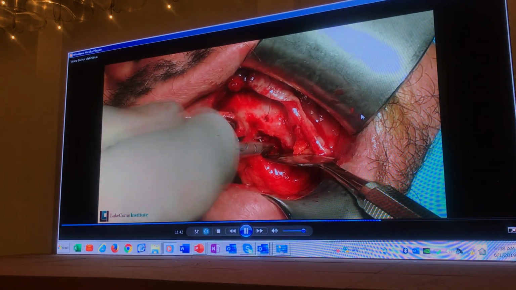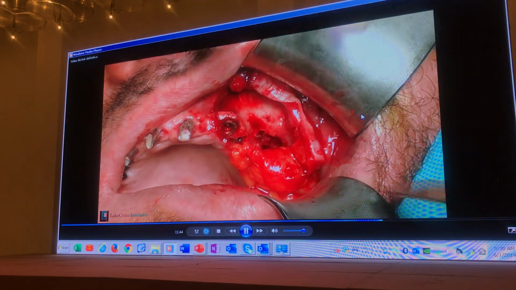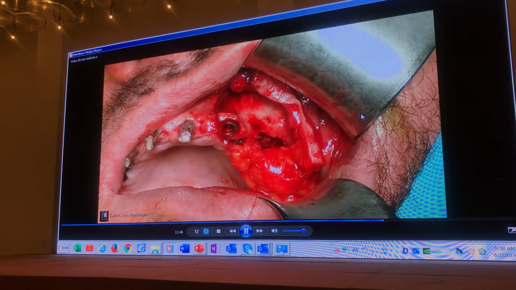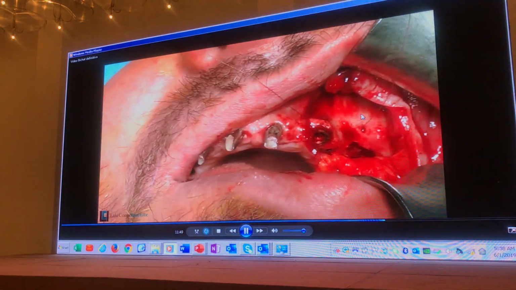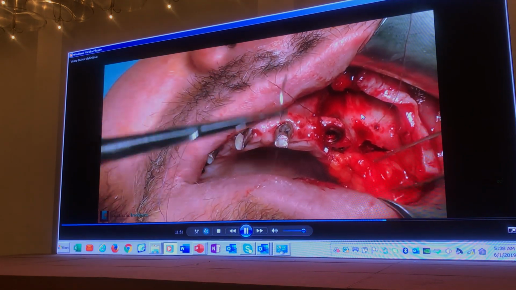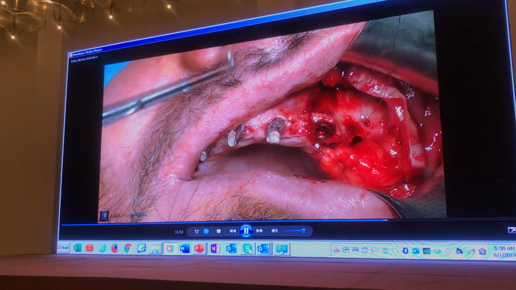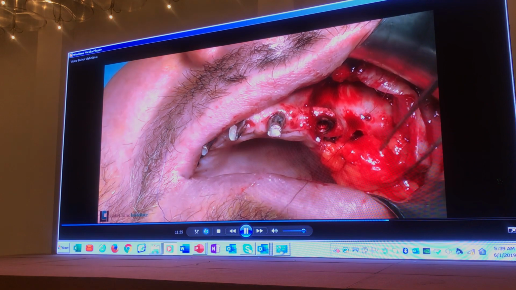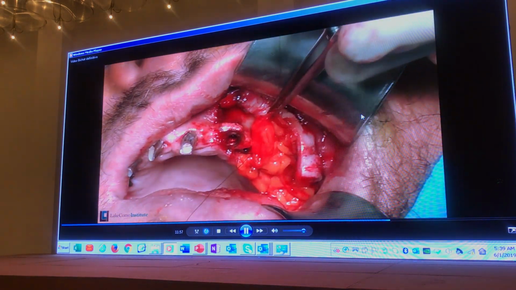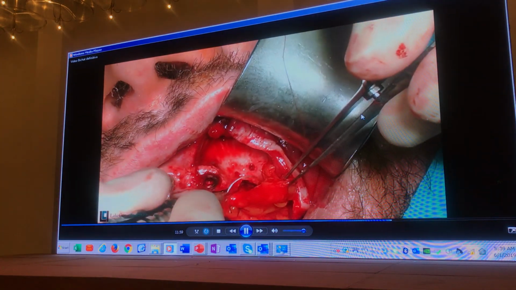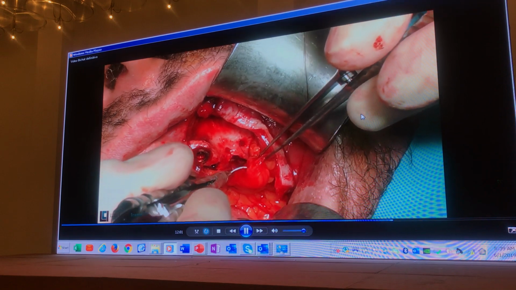Goal is for a suture. And now you can suture that down.